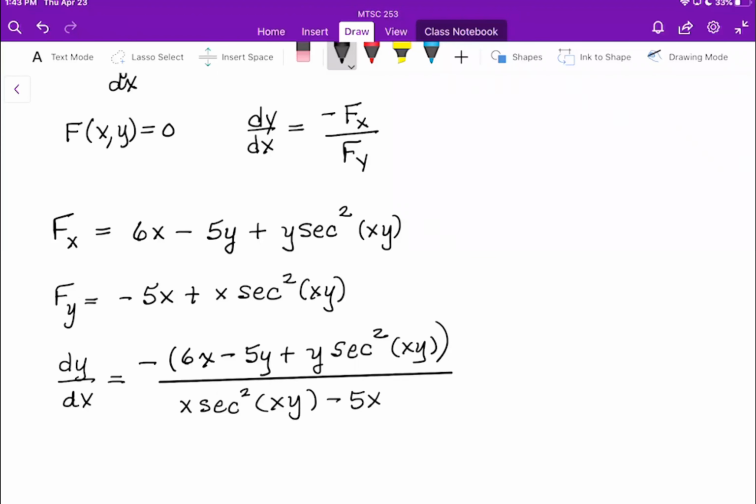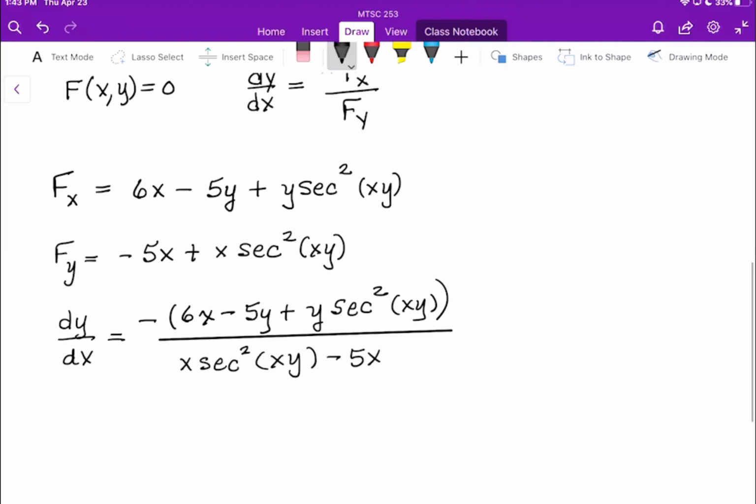You can leave it like that, or you can push the negative through and simplify. Okay. So that was correct.